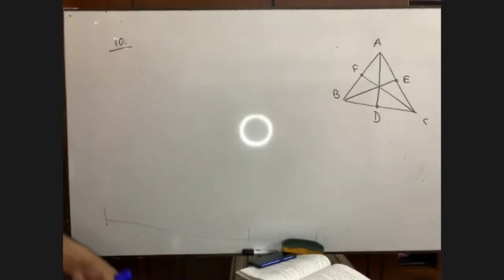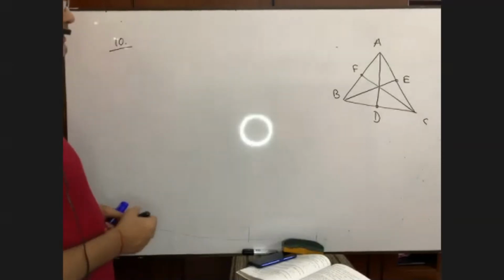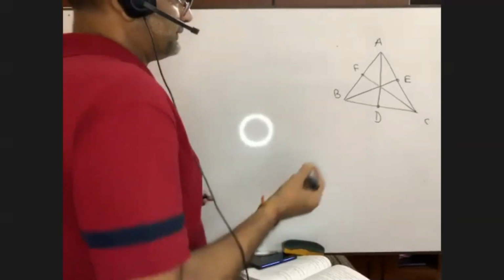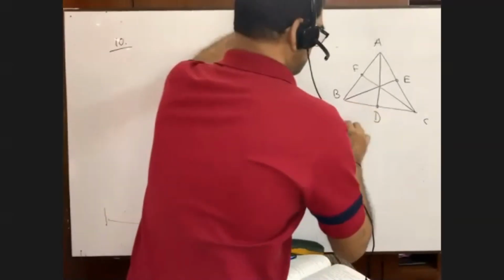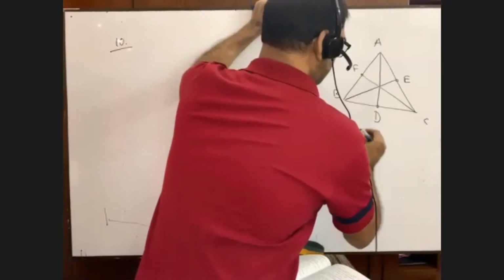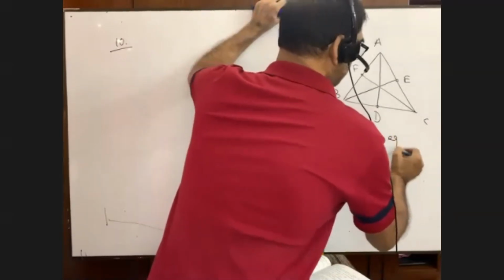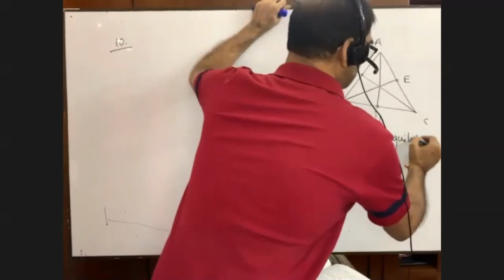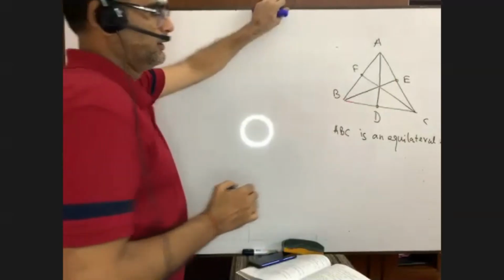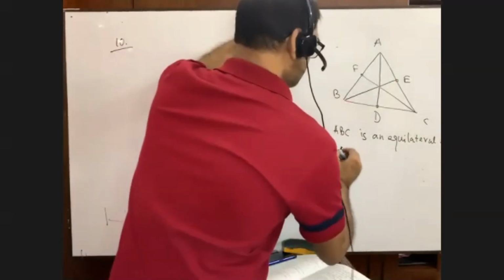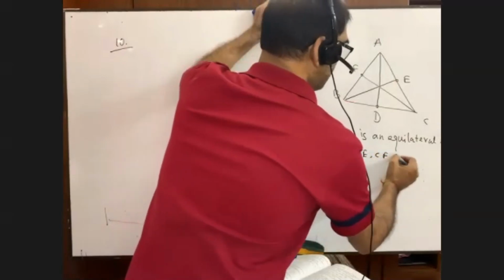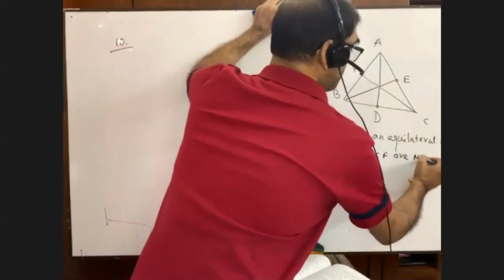Okay. Now, what is to prove here? Number 10: prove that the 3 medians of an equilateral triangle are equal. What is given? ABC is an equilateral triangle, right? Yes, sir. AD, BE, and CF are medians. Am I right?